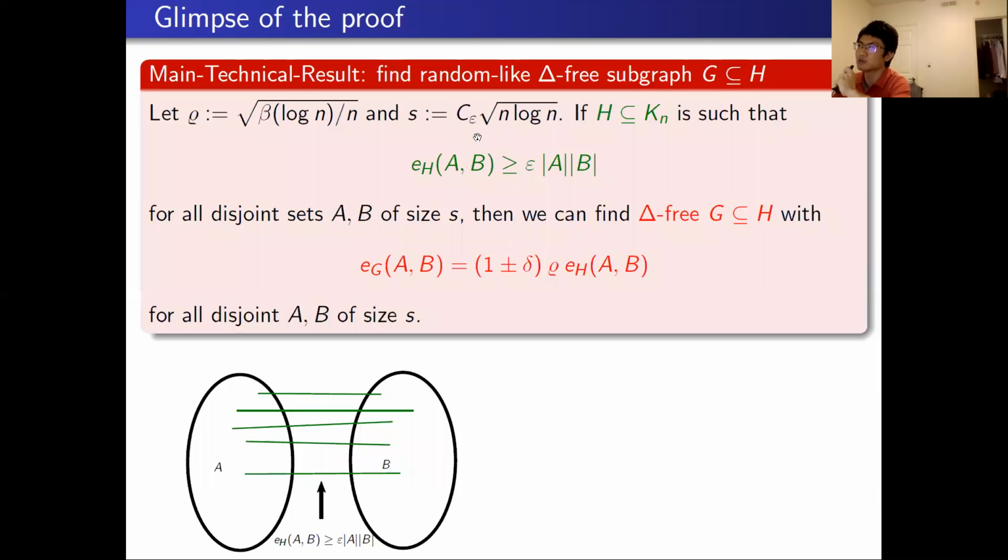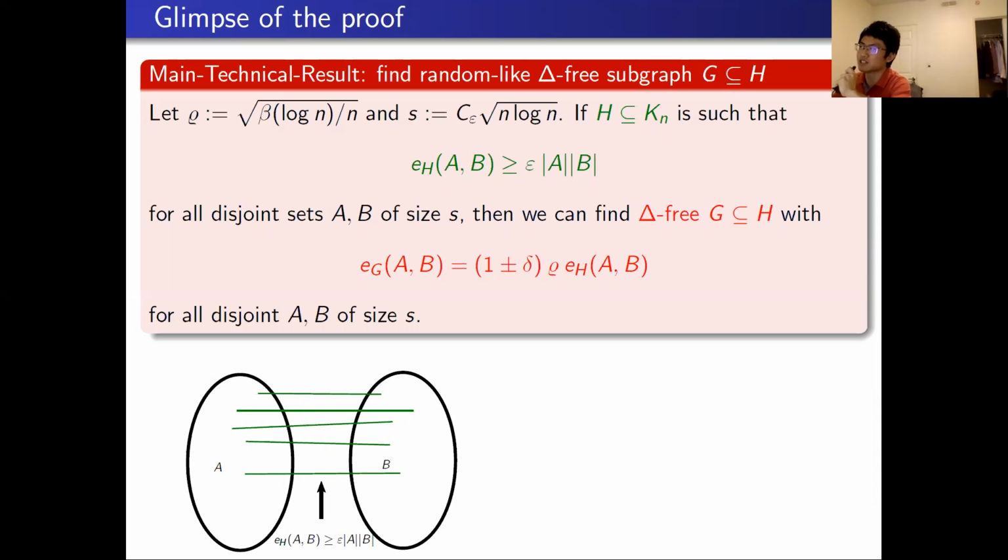Now, suppose H is a graph in the complete graph K_n satisfying that H is not too sparse, which means for any two large disjoint vertex sets A and B of size at least s, the number of edges between A and B in H is at least some fraction of the possible edges, that is, at least eta times |A| times |B|.